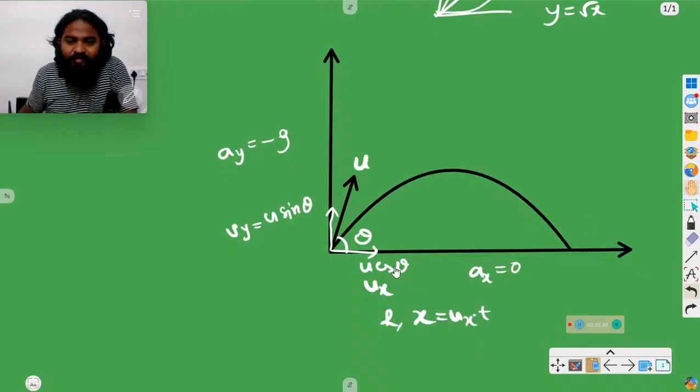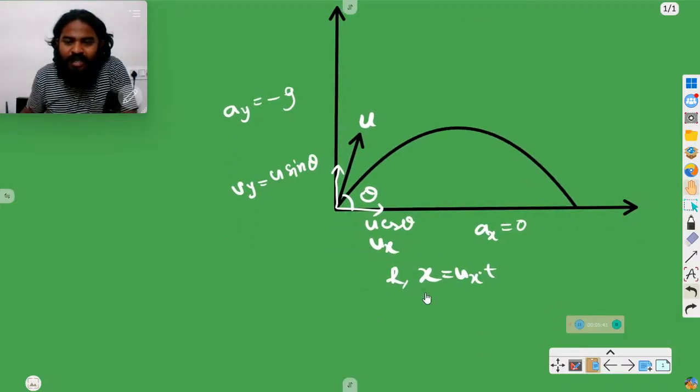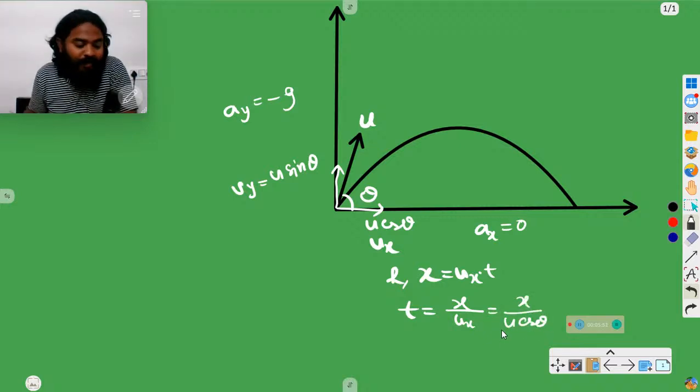So from this I can write time is equal to x by ux, that is x by u cos theta, right? X is the distance along the x-axis. Horizontal distance is equal to horizontal speed into time.